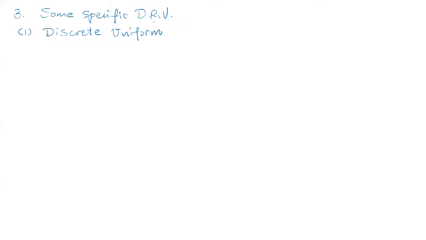Then after that, we have learned some specific discrete random variables. First of all, we learned the discrete uniform distribution. Second, we have learned the binomial distribution.